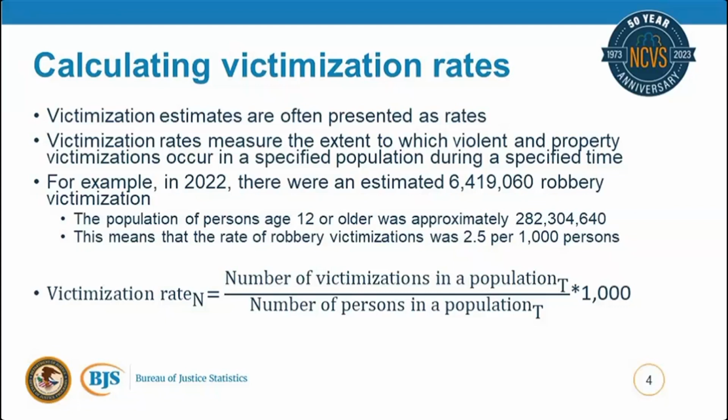For example, in 2022, there were approximately 6,419,060 robbery victimizations, and the population of persons aged 12 or older was about 282,304,640. This means that the rate of robbery victimizations in 2022 was 2.5 per 1,000 persons aged 12 or older.